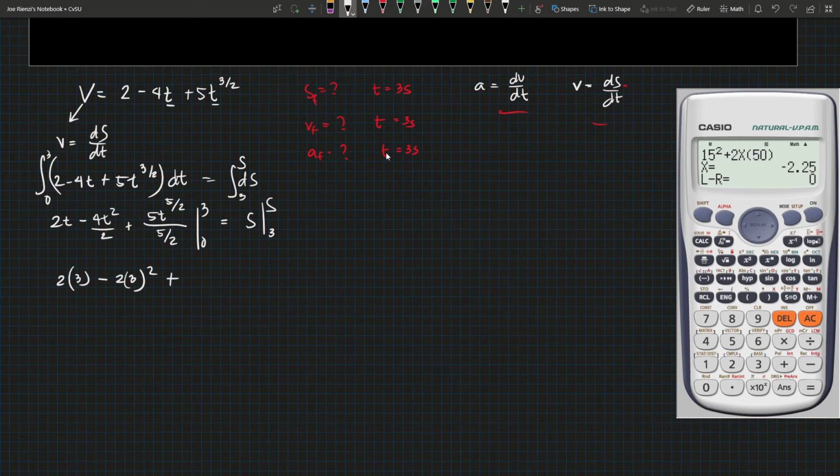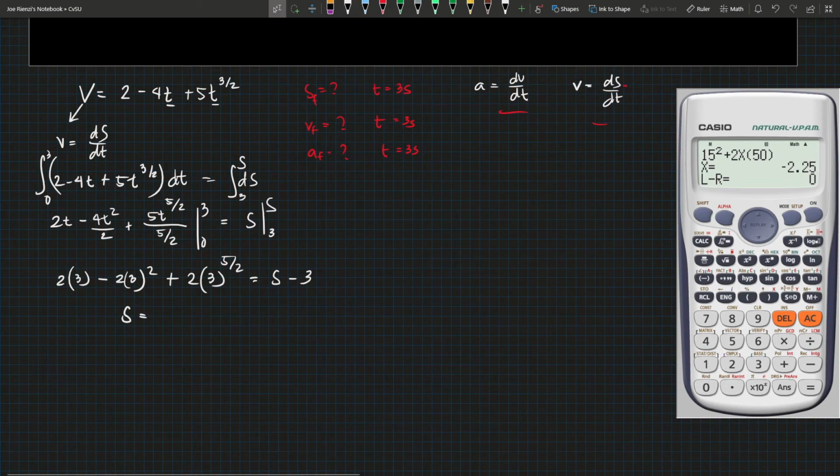So cancel out, multiply sa taas, this is 2 multiplied by 3, 5 halves. And then minus ito rin, and then 0 naman yung value. So maka-cancel out lahat siya. So ito na lang sulat natin. Equal sa S minus 3. So substitute ko yung upper limit minus yung lower limit. And then solving for S.